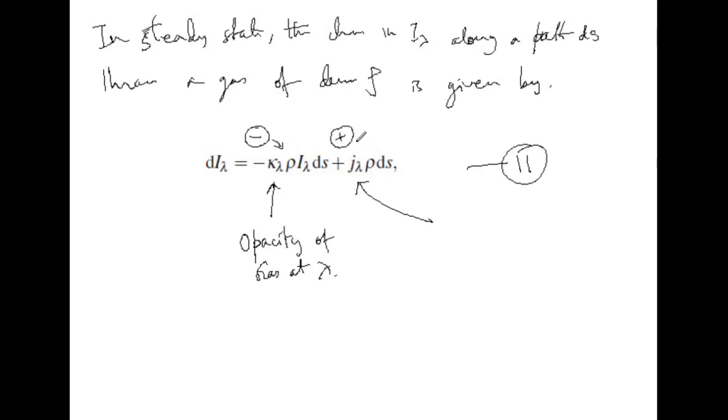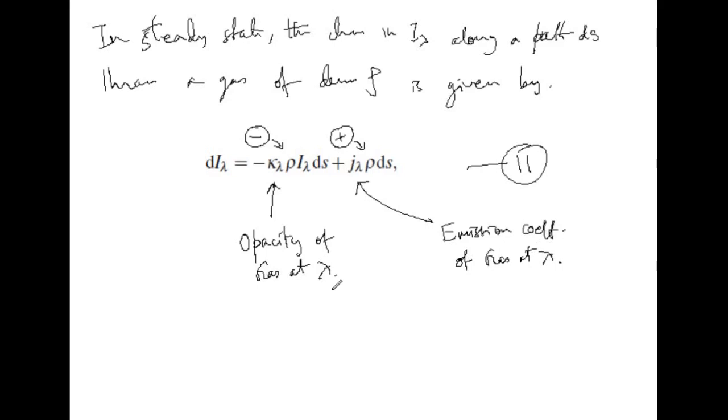This is the subtraction term, this is the addition term. And here what is this J lambda? J lambda is the emission coefficient of the gas, again at wavelength lambda.